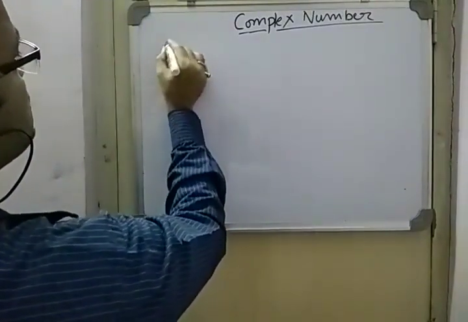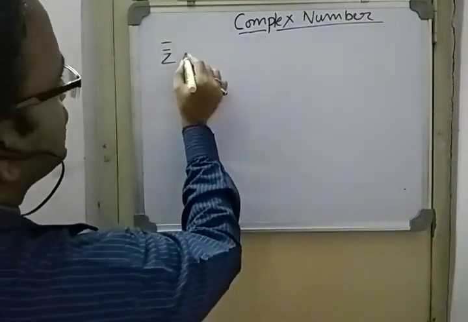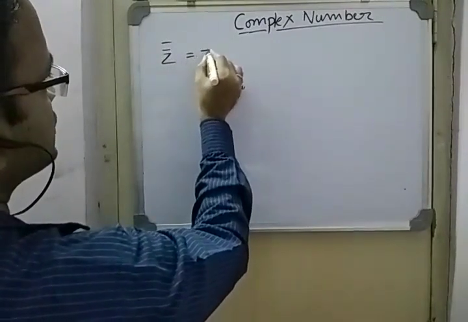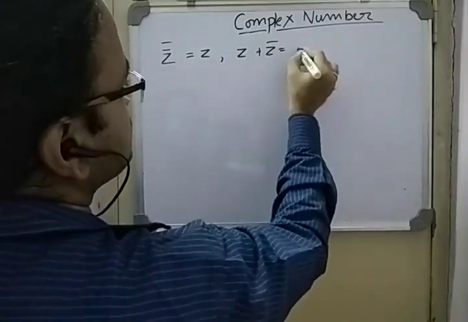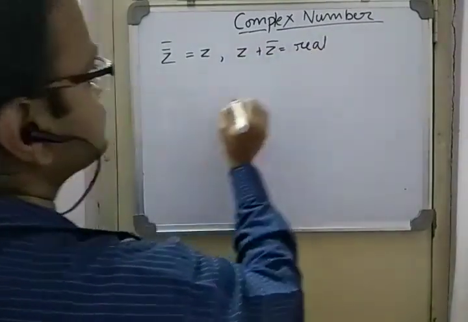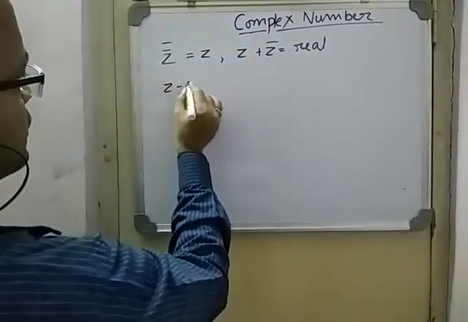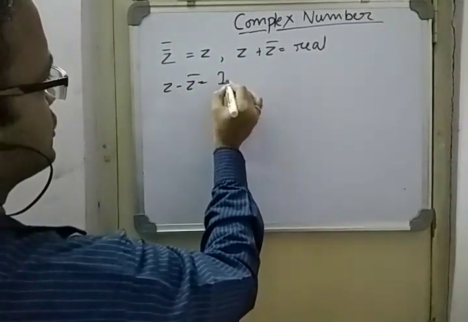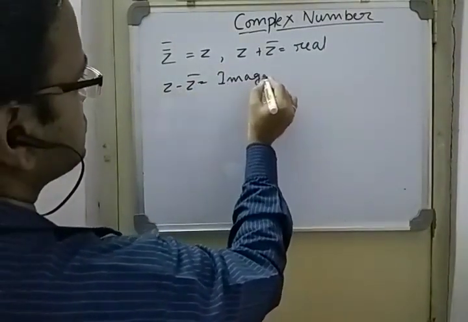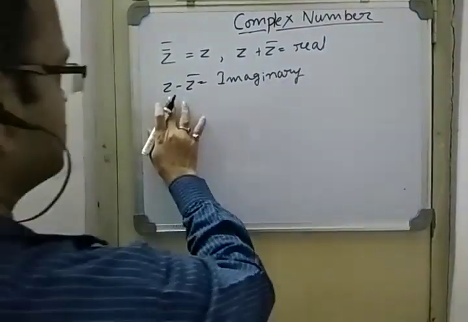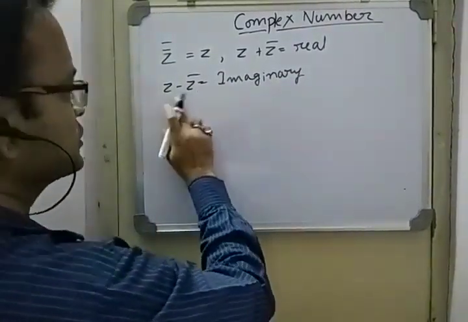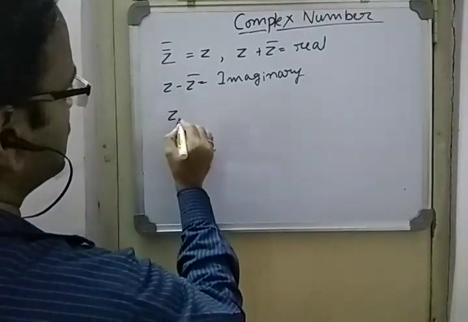Now we discussed a few properties of conjugate complex numbers: the bar of z bar equals z. z plus z bar is always real. z minus z bar is imaginary. Where z equals x plus iy, you can put z bar as x minus iy and do the simple calculation.